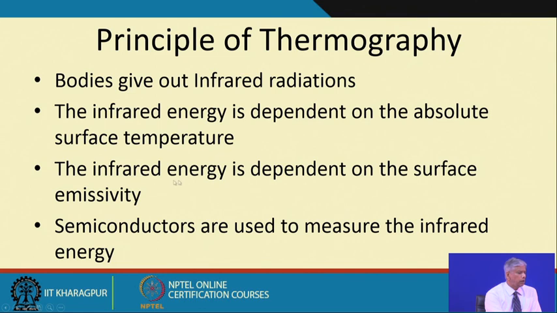And of course, this infrared energy is dependent on the surface emissivity, and there are certain special types of semiconductors on which, if this infrared energy is incident, they will develop a voltage. So that is essentially the principle behind thermography.